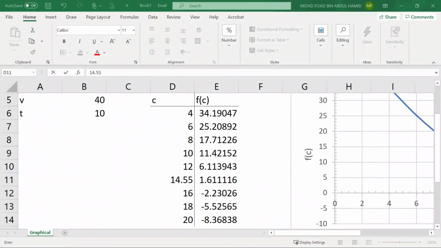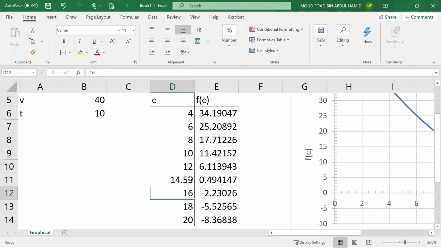Okay, I change this to 14.55, and hit enter. It becomes 0.49.